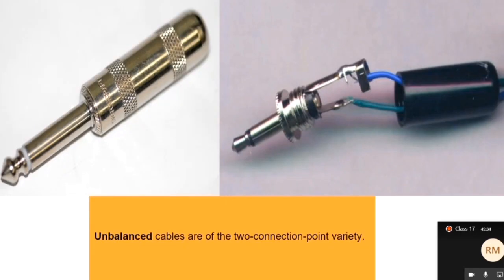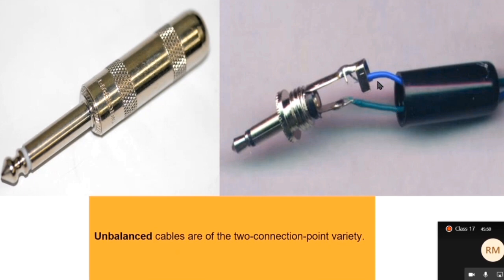The unbalanced cable has two connection points. So if you take your unbalanced cable apart like this one here, there's two tangs, metal tangs, and affixed to each one of those tangs is a wire.